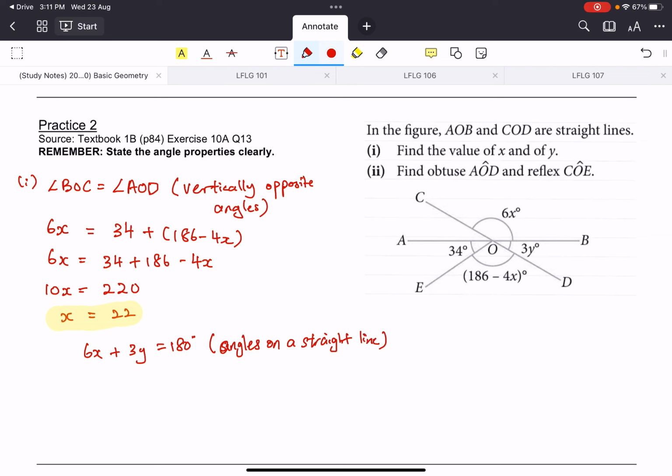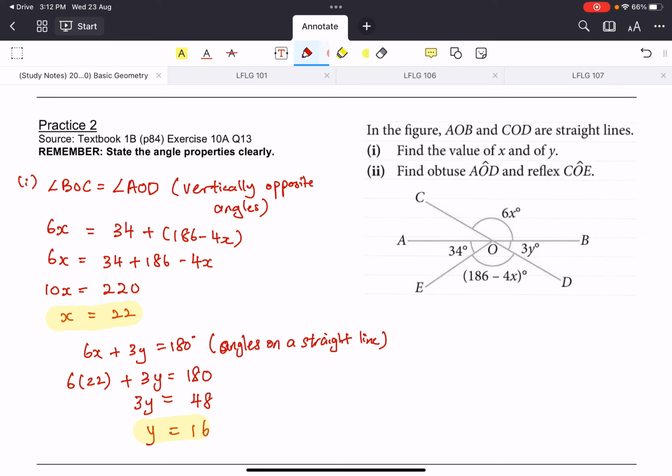That's why they add up to 180. So since x is 22, 6x is 6 times 22 plus 3y equals 180. So 3y is 180 minus 6 times 22, and that brings us to 48. Therefore, y is equals to 16. So we have successfully found our x and y, right?